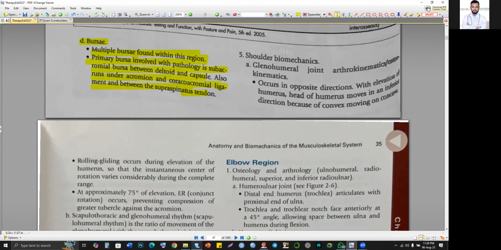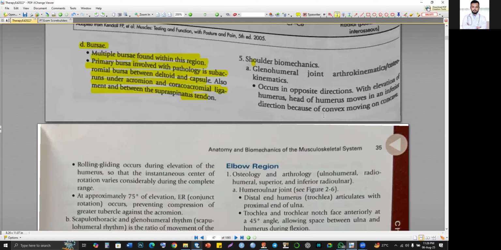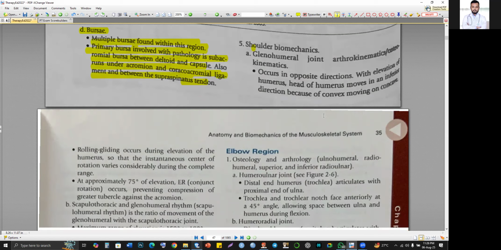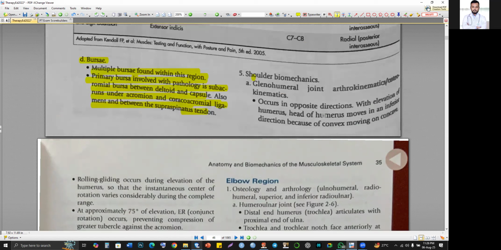Now shoulder biomechanics. What they say over here, we want to go through. Glenohumeral joint arthrokinematics, osteokinematics occurs in opposite directions with elevation of humerus. Head of the humerus moves in an inferior direction because of convex moving on concave. So we know that earlier we had understood about the concave, convex, convex, concave method and rules.